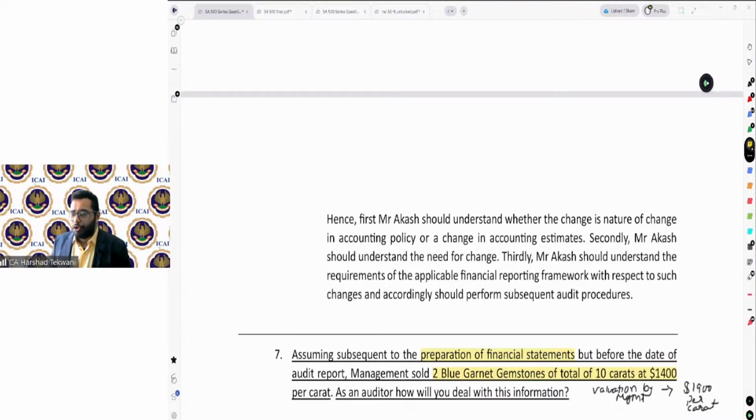Based on which SA will you provide your answer, or in support of which SA will you give your answer? Two things: how will you deal with the information, and number two, under which SA?